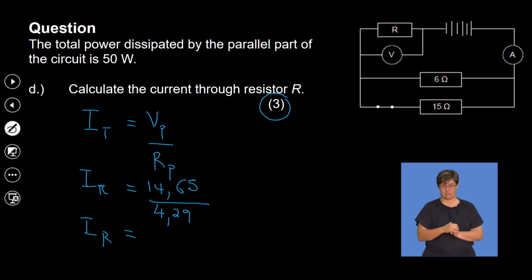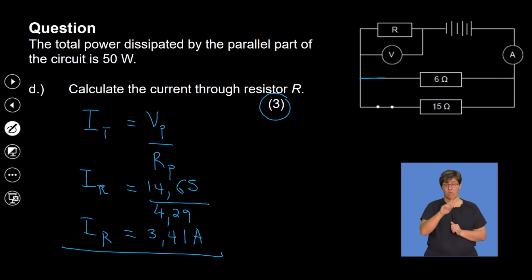This is the total current. This 3,41 amperes is split between the 6 ohms and the 15 ohms, but it's all the current that goes through resistor R. So it's very important for us to take note of that.